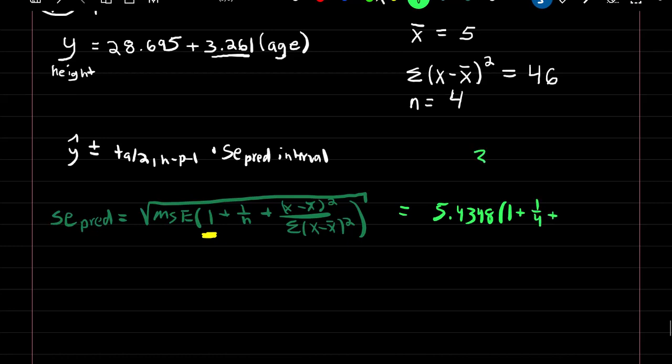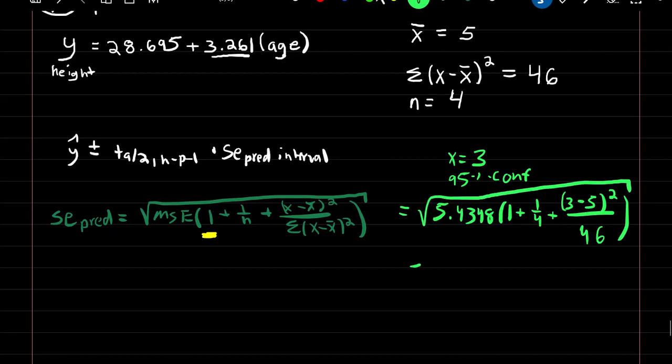So if we use the same number, x equals 3 with a 95% confidence, so 3 minus the mean of x, which is 5, squared, divided by the summation of x minus x bar squared, which we found to be 46. We take the square root of that, and we're going to get a value of 2.6956.